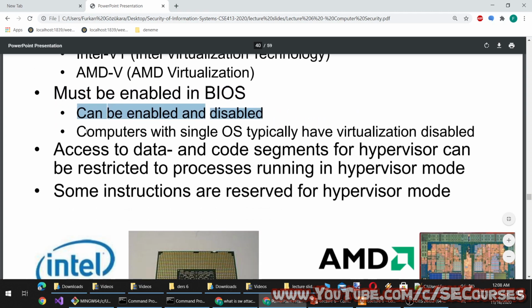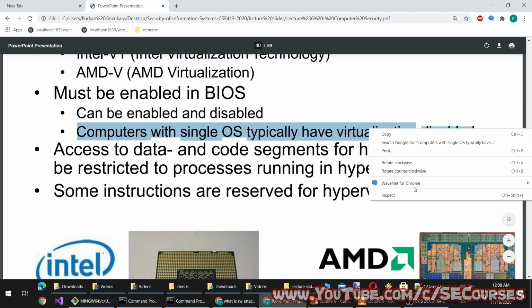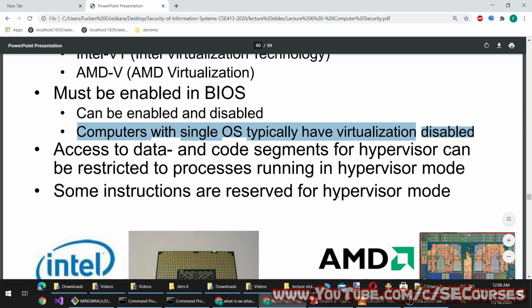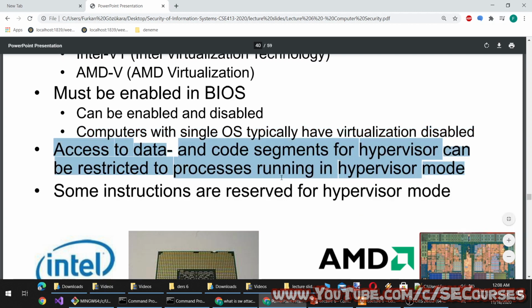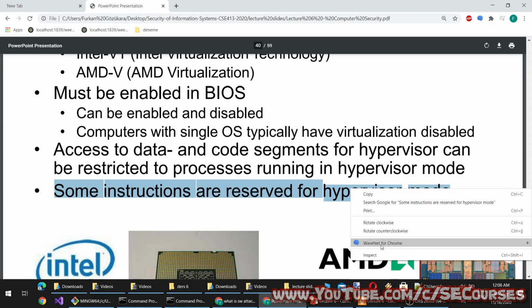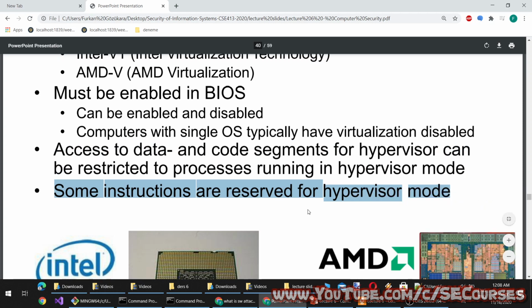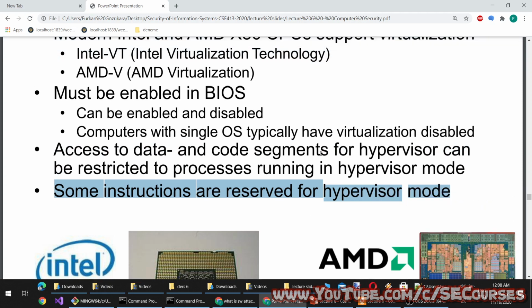Can be enabled and disabled. Computers with a single OS typically have virtualization disabled. Access to data and code segments for the hypervisor can be restricted to processes running in hypervisor mode. Some instructions are reserved for hypervisor mode.